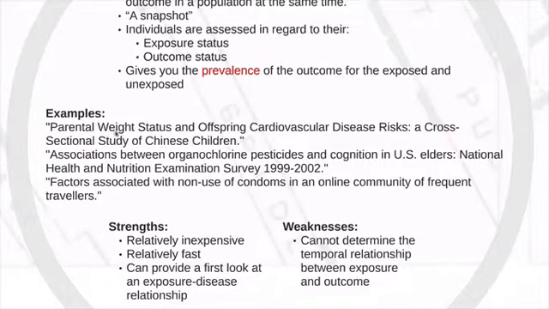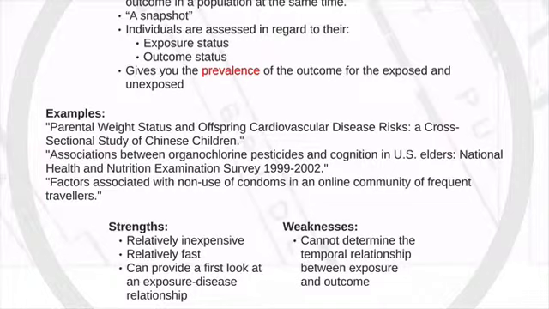So in this study, what they did is they measured people at one point in time. They measured parents and children. And so they determined parents' weight status, and then they measured among the children, and actually I'm not sure whether they took blood from these children or just measured their cardiovascular health in a less invasive way, but the outcomes would be, if your parent is overweight, these children have this prevalence of, say, impaired fasting glucose.